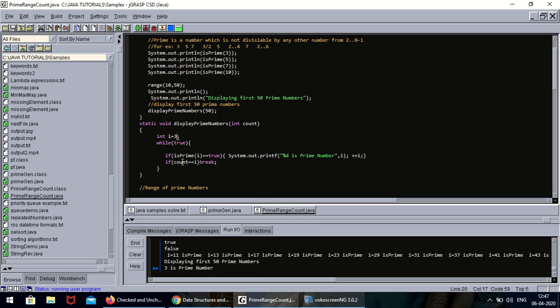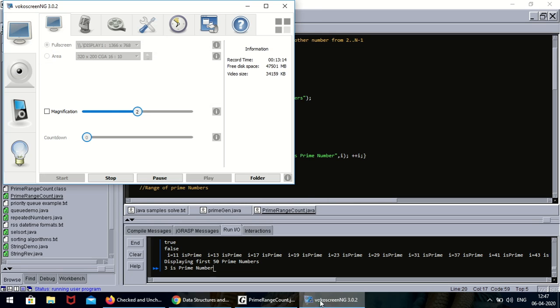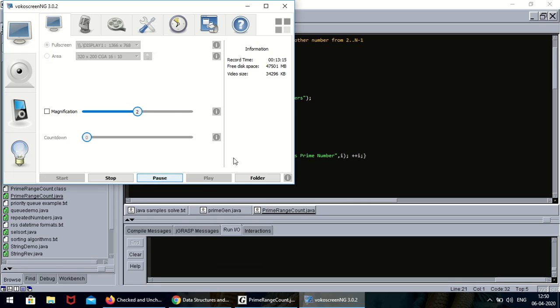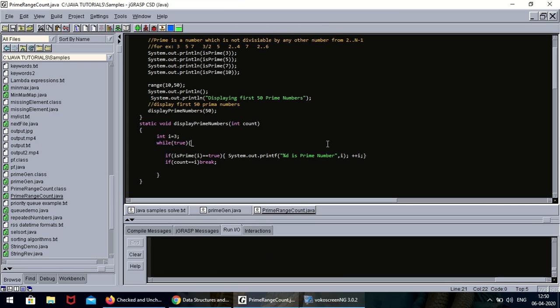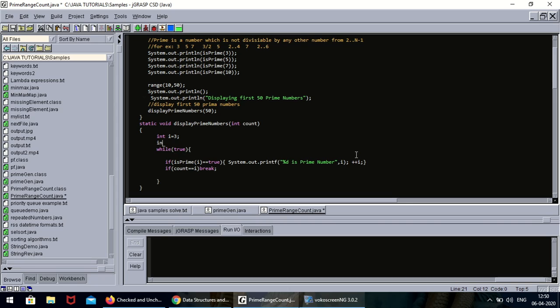We need to have another counter, int primeCount equal to 0. If that number is a prime number, then only increment it.